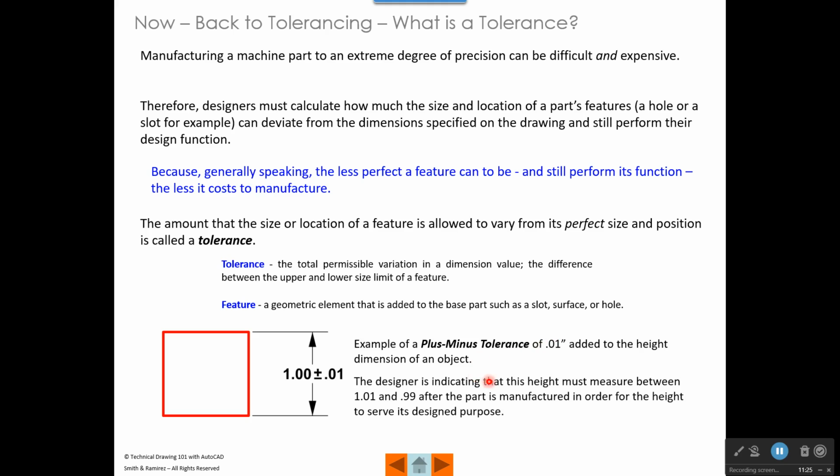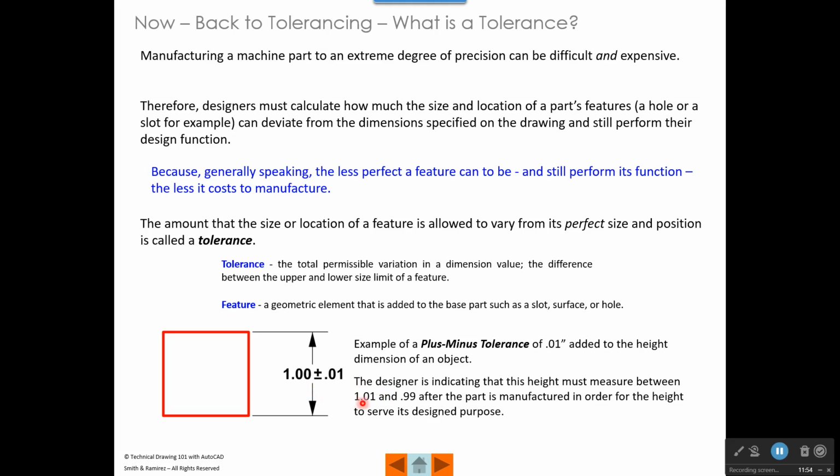The designer is indicating that this height on the part right here must measure between 1.01 and 0.99 after the part is manufactured in order for the height to serve its designed purpose. The designer has calculated that as long as this part falls between 1.01 in height and 0.99 in height, it will fit into whatever it needs to fit into.